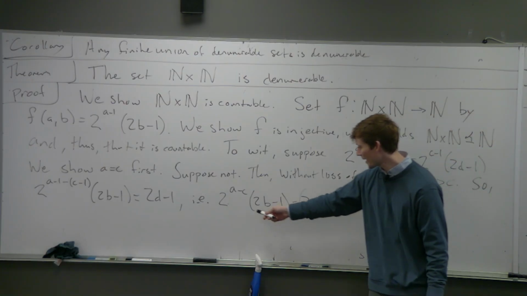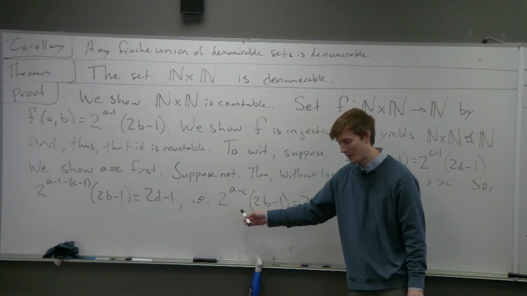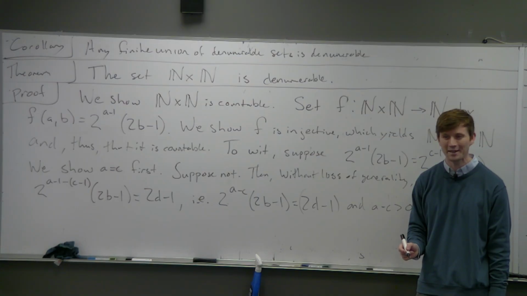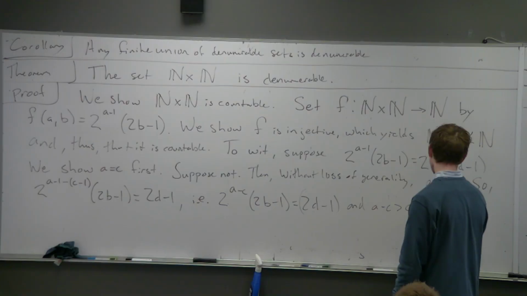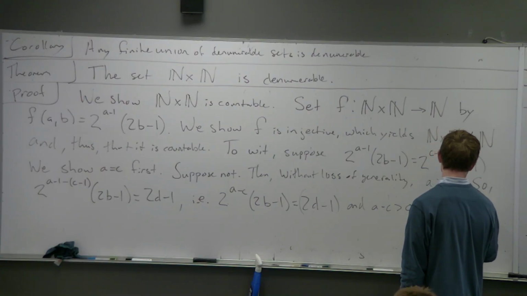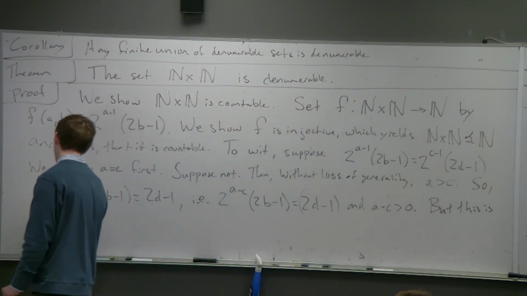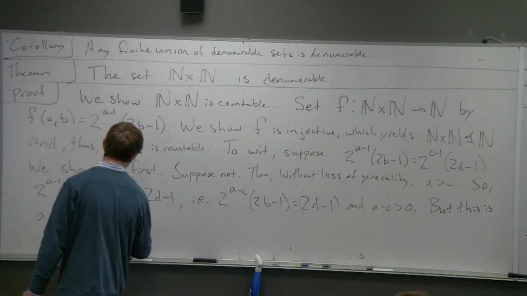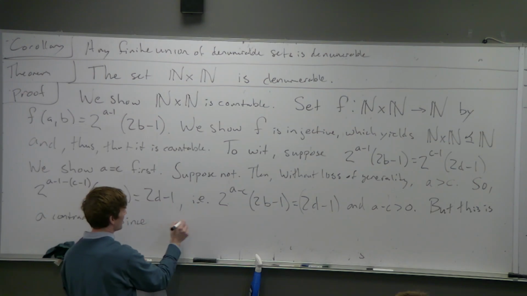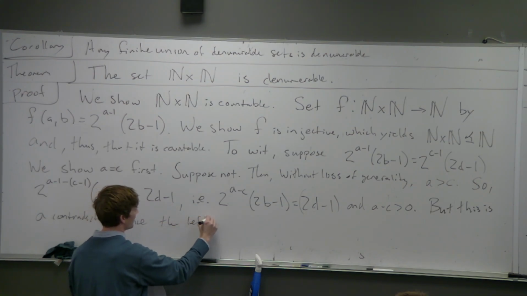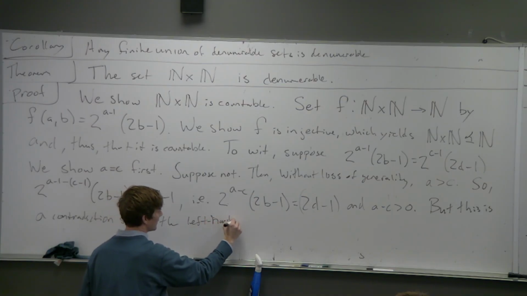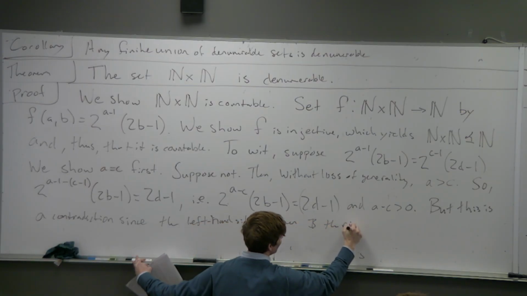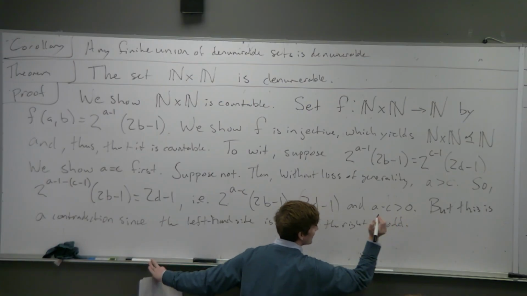But that means that this side is divisible by 2, and this side's odd. That can't happen, right? But this is a contradiction since the left-hand side is even and the right is odd.